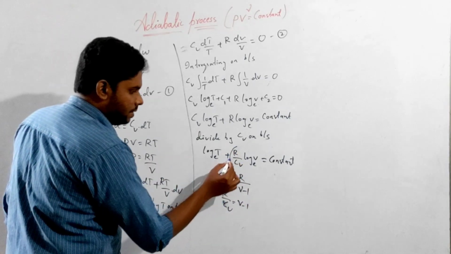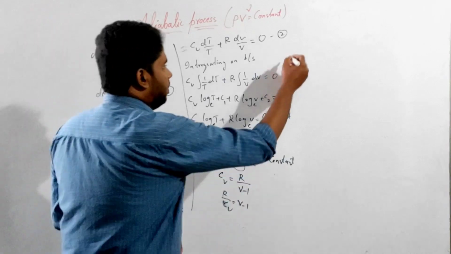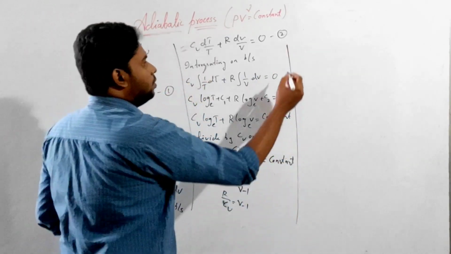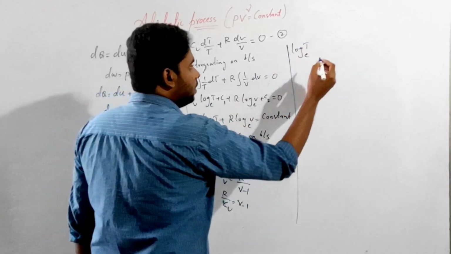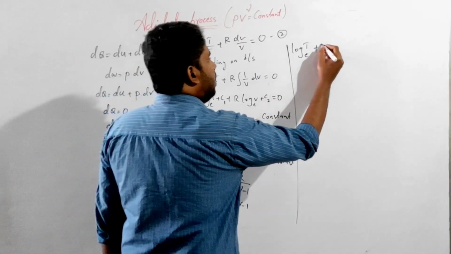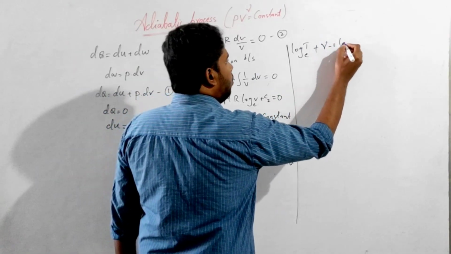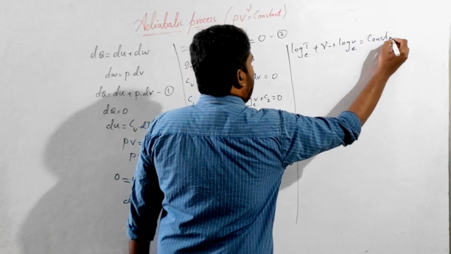So I will replace this R by Cv with gamma minus 1. So what I get is log T to the base e, plus, in the place of R by Cv, gamma minus 1 log V to the base e, is equal to constant.